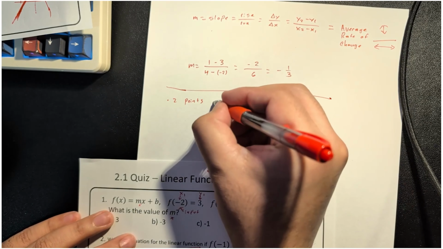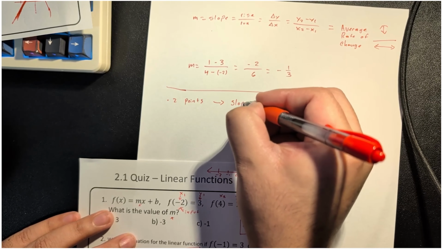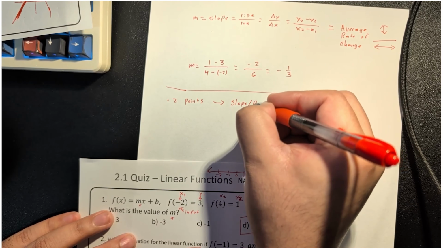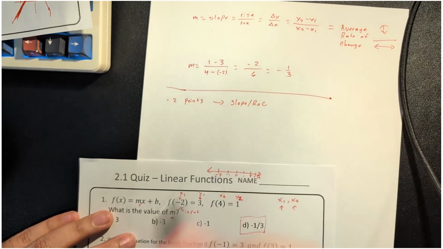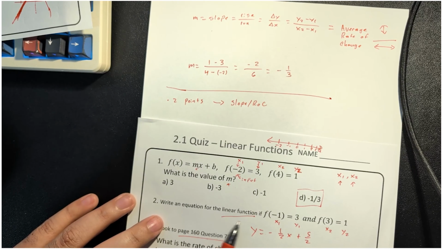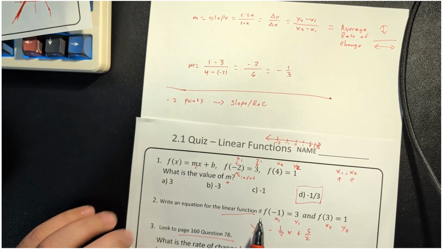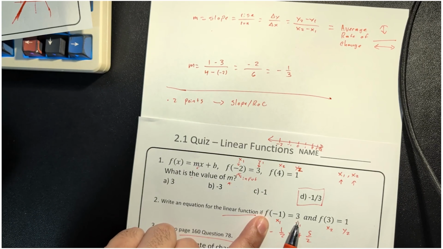From these 2 points, I'm going to get a slope, or rate of change. I'll just put ROC. We just figured out how to do that. How did I find my slope? How did I find my rate of change? I look at these 2 points, and I calculate my m.